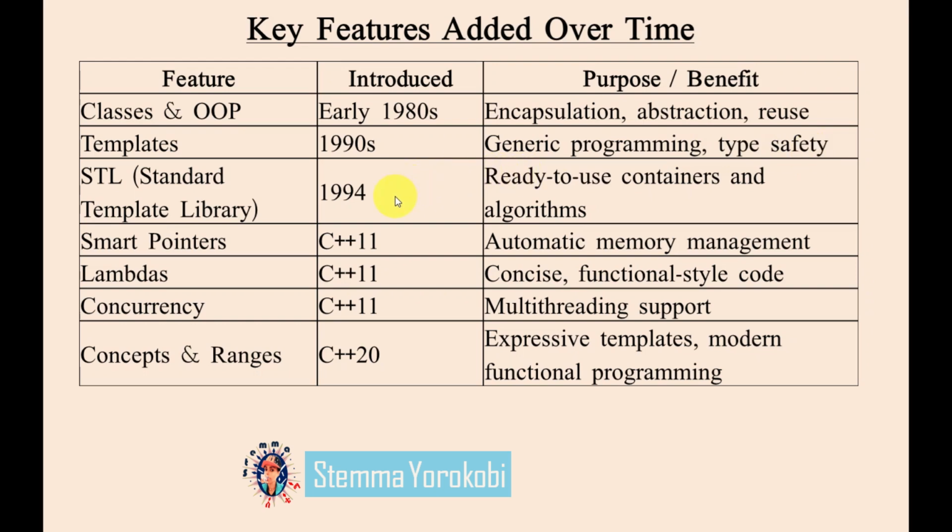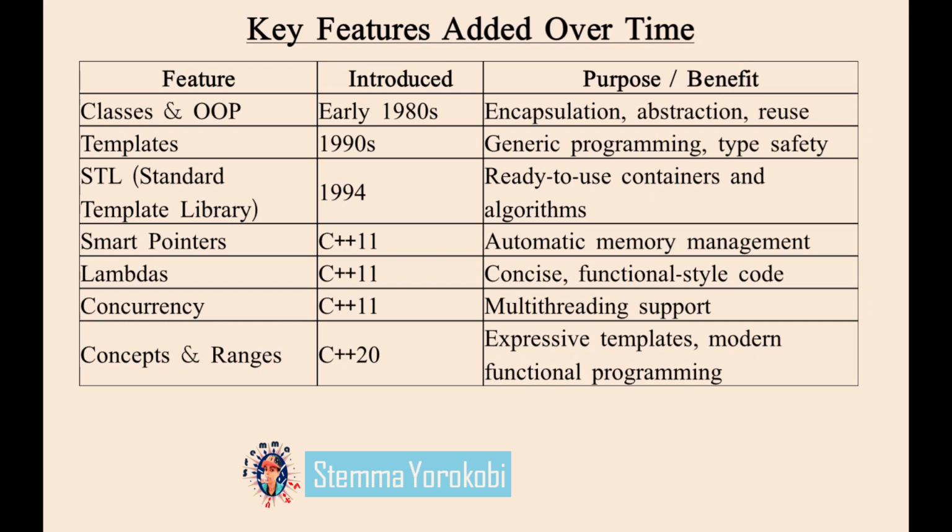In 1994, the feature of C++ programming language was the standard template library, and its purpose is for ready-to-use containers and algorithms, right? In C++11, it has almost all of those features, right? Smart pointers, which is for automatic memory management, lambda functions for concise functional style code, concurrency for multi-threading support, right?